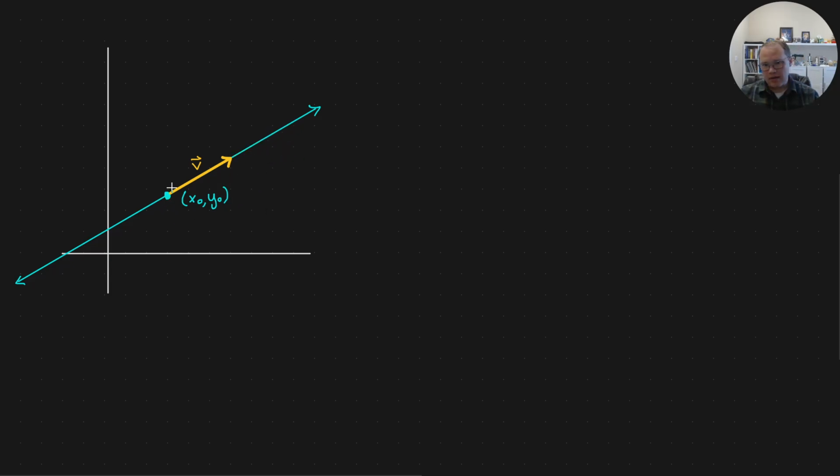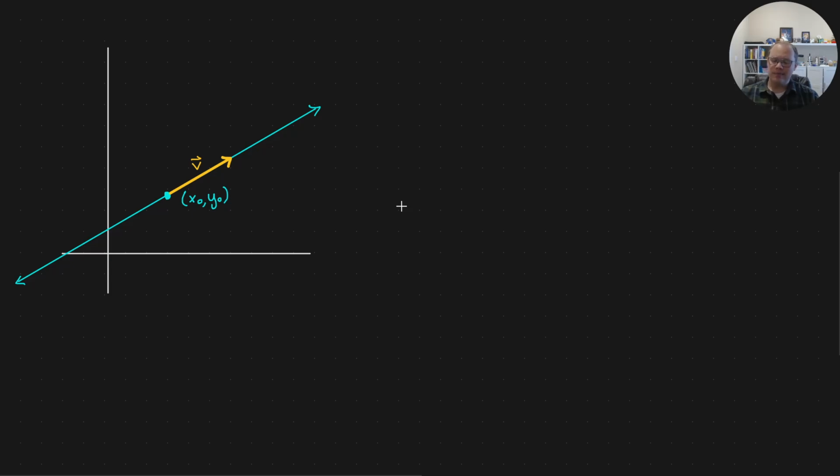If I go negative half v, I'll go this way. But with no additional information and interpreting the output as a point, we would interpret v as being in standard position. So if we scale it, we would actually get this line here through the origin. And that's not what we want. We want to go through this line up here.